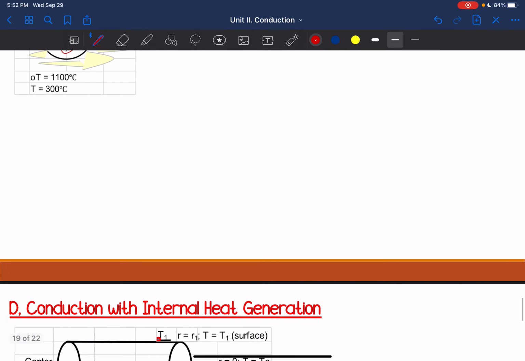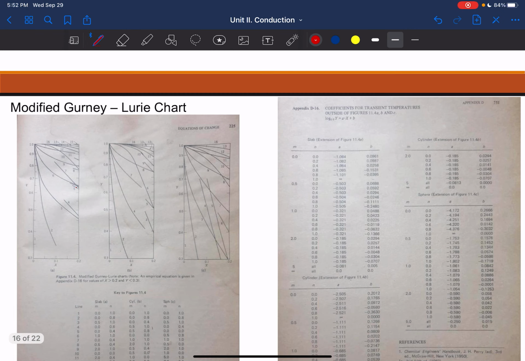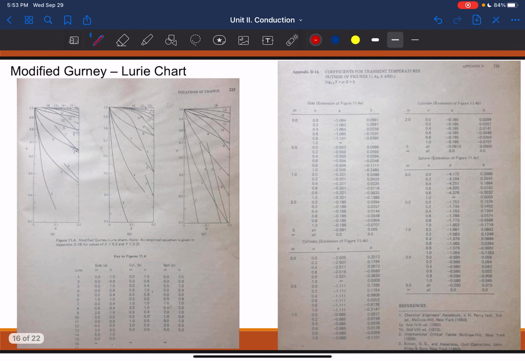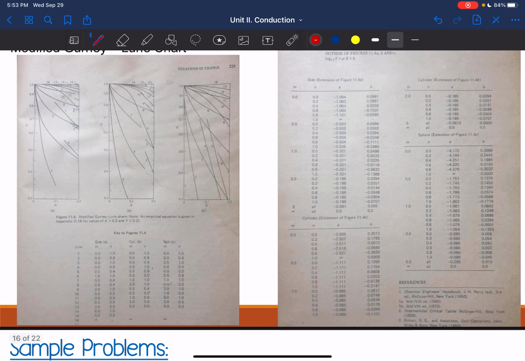Using your appendix D16, where was appendix D16 earlier? This one. So using your appendix D16 for a cylinder, you get m is 0, but your n is 0.4.